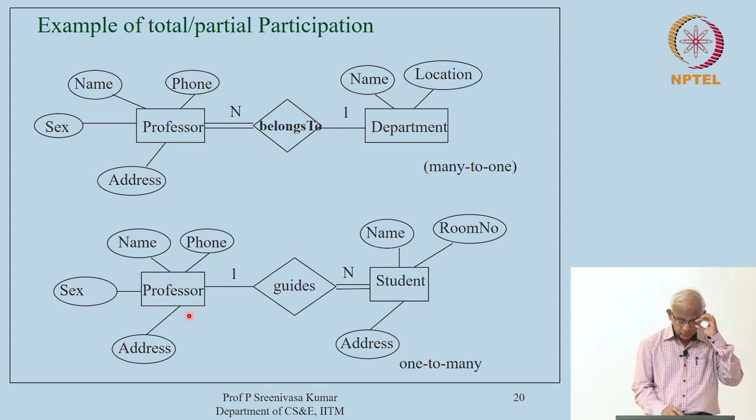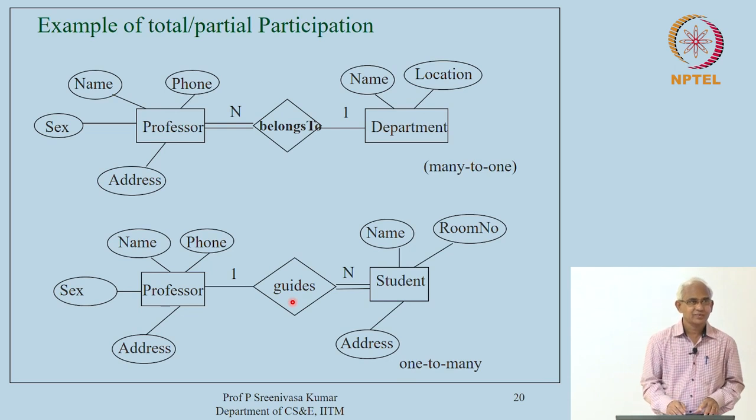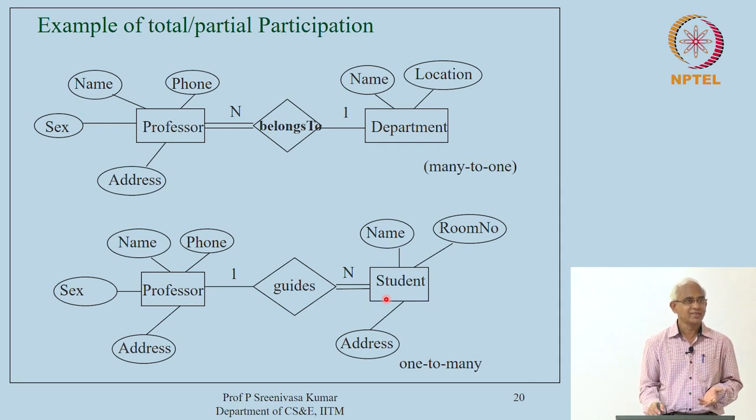Now, if you look at the guides relationship, it is not really compulsory for a professor to guide a student. A particular professor might be unpopular and might not actually get any research student to guide. We will allow that in the system, whereas unfortunately the students do not have a choice, they have to have a guide.